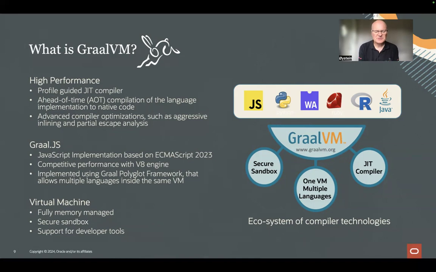And the JavaScript support is implemented in the Graal polyglot framework, which can support multiple languages in the same VM. It has already official support for Java and WebAssembly, and there are previews available for Python and Ruby.